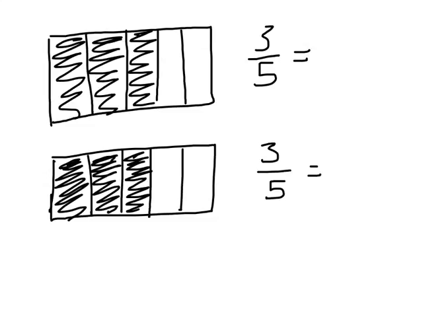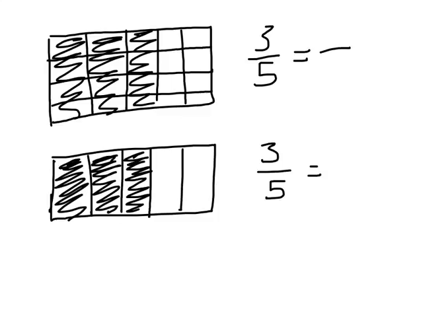Let's look at another example. 3/5. What are some equivalent fractions to 3/5? Well, what if I cut it into 4 times as many pieces? I still have not changed the value of my fraction because I haven't changed the amount of the whole that I have.